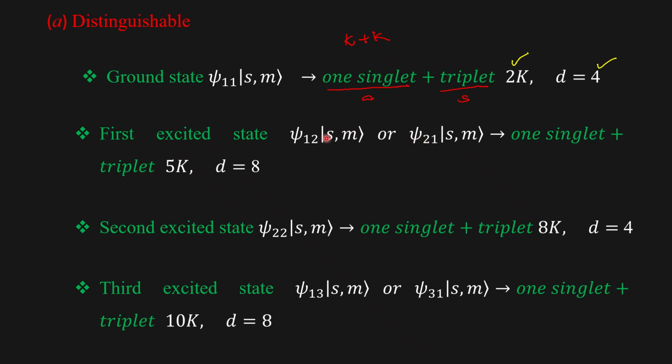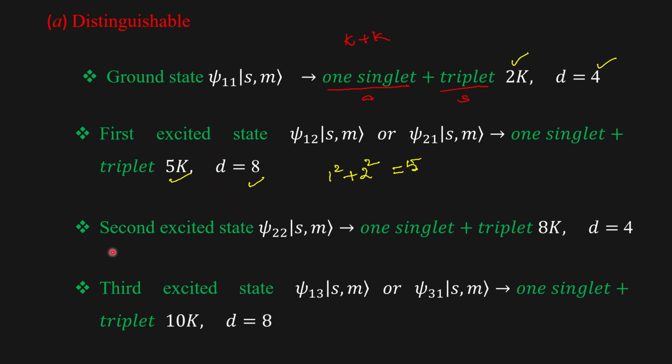So here you have four states, one singlet and one triplet, and here also one singlet, one triplet. That is 4 plus 4, 8. So the degeneracy is 8. What about the energy? The energy is 1 squared plus 2 squared, because one is in the ground state and one is in the first excited state, which is equal to 5. So it is 5k, and the degeneracy is 8.